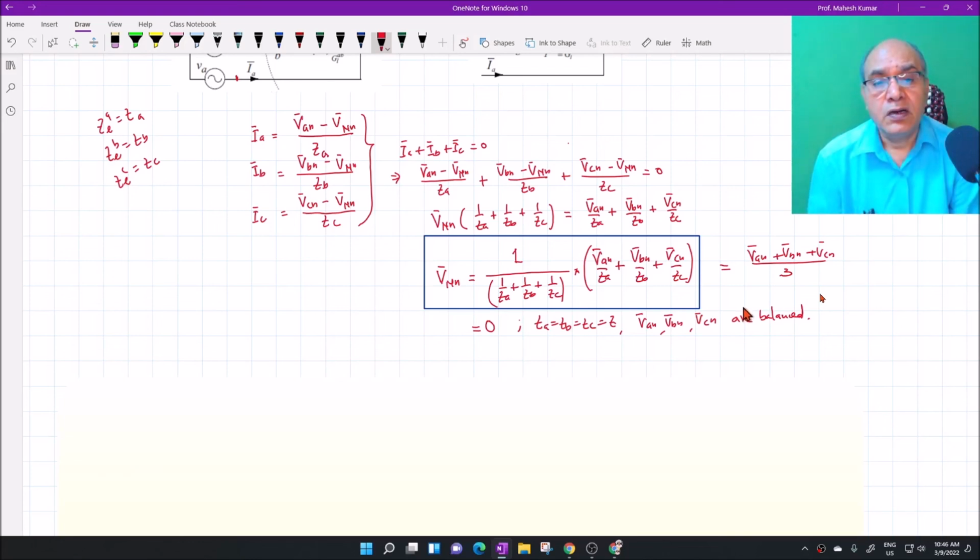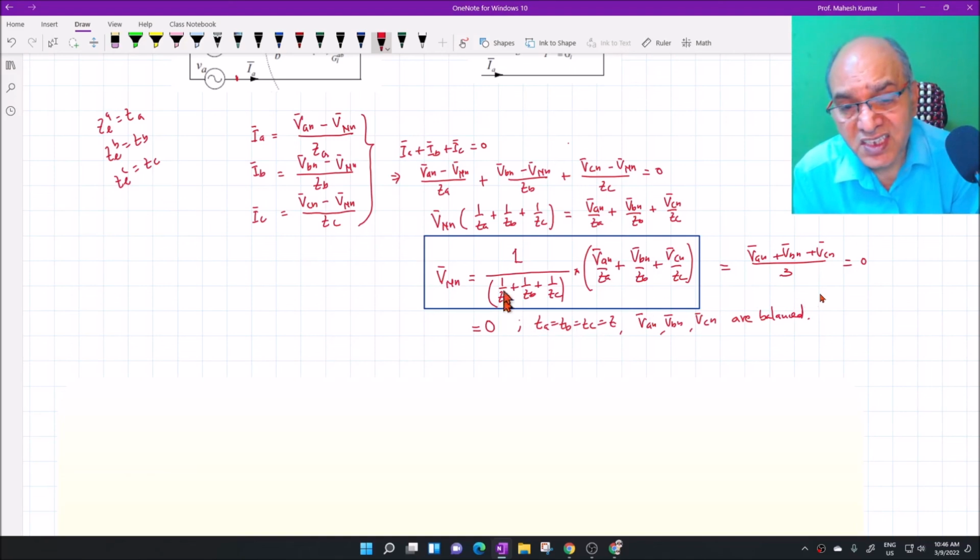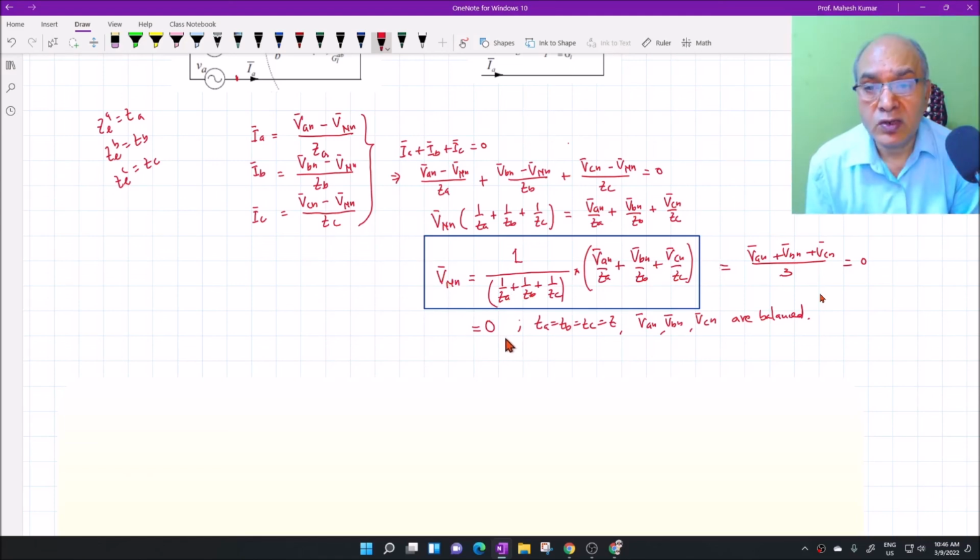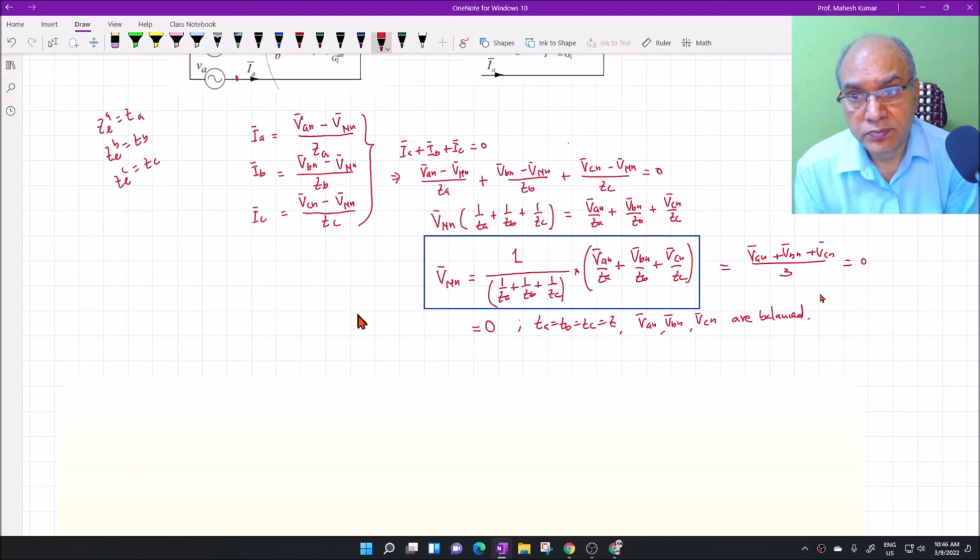If the voltages are further balanced, then it becomes 0 also. That depends upon the nature of voltages. So if the impedances are the same, even though voltages are unbalanced, this VNN is known as zero sequence voltage. I have explained this point earlier also. But in case the voltages are also balanced, then this becomes 0, which is equivalent to a 3-phase 4-wire system where neutral is grounded.